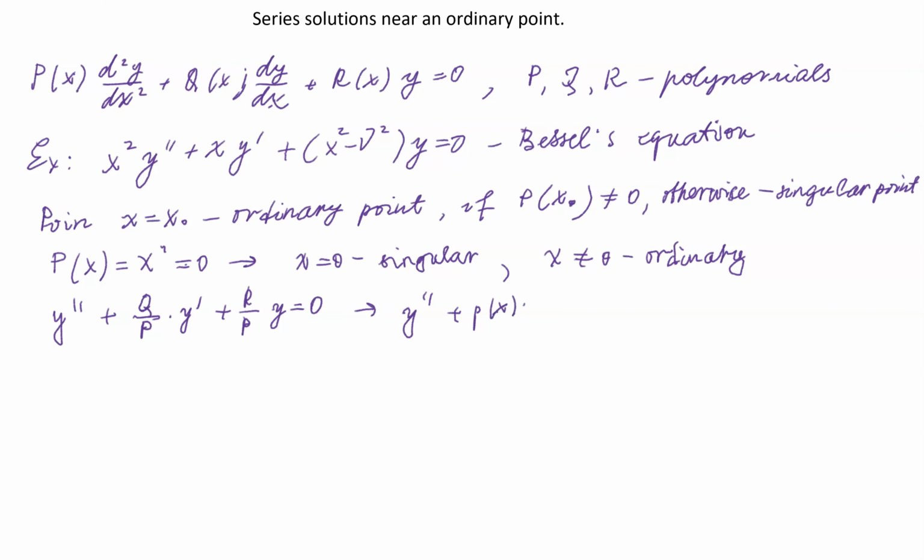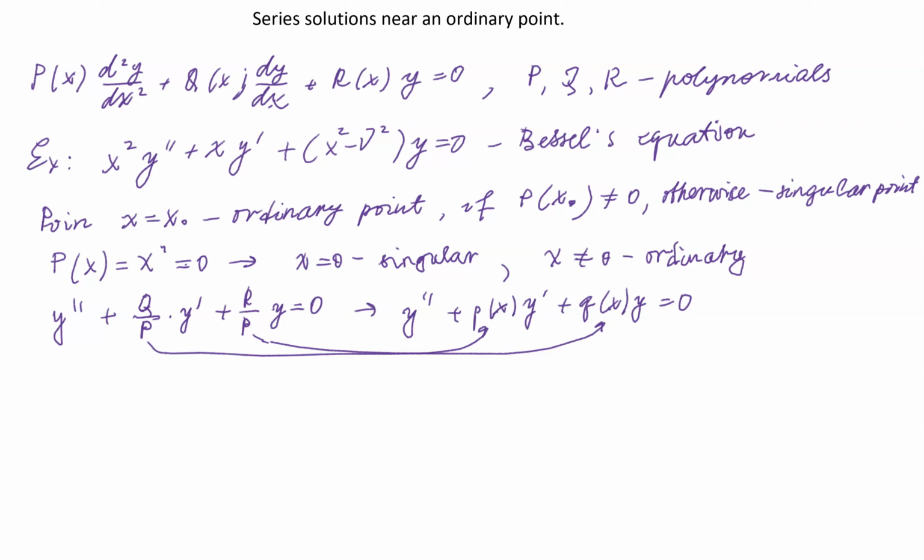Here, this little p is different from the big P which sits in the beginning. So my little p is the ratio of big Q and big P, and my little q is the ratio of r and p. And again, they depend on x. They are going to be rational fractions.